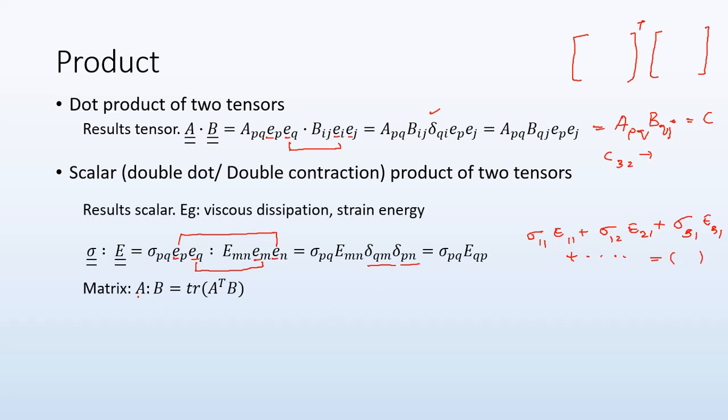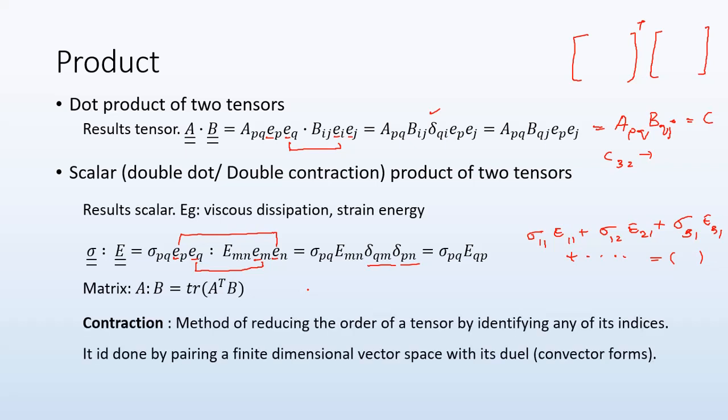So in the case of matrices, what you will do is take A transpose B, similar to what you have done here, and take the trace of the resultant matrix. You know how to take the trace of the resultant matrix, right? So you will calculate A transpose B and take the trace as the sum of the diagonal elements.